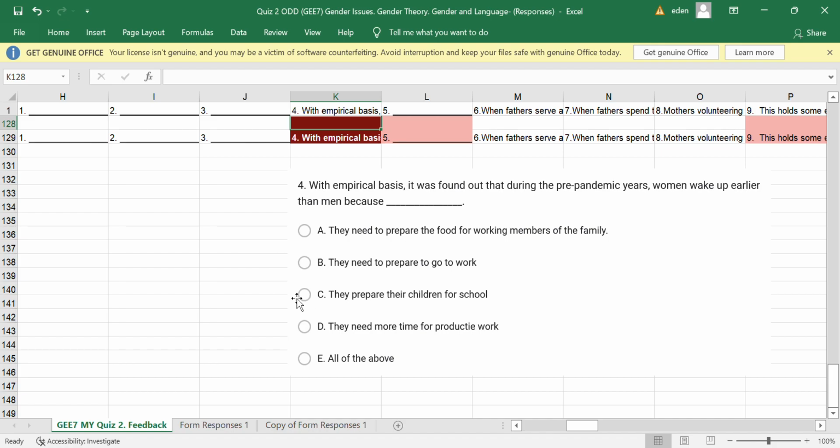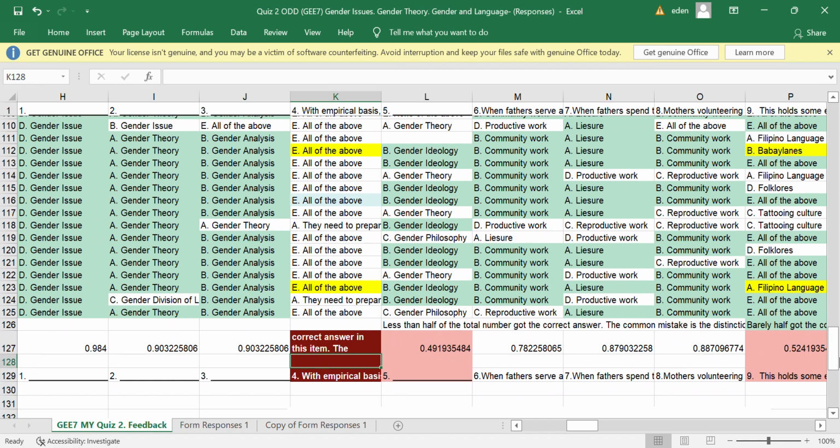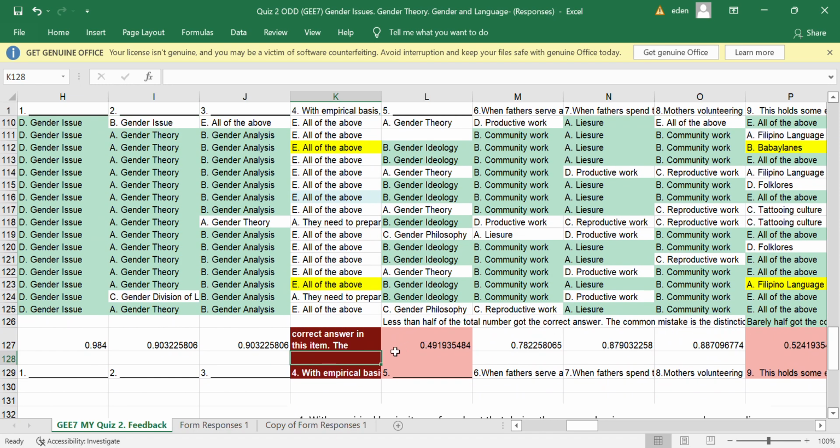They prepare their children for school, which, if you conduct a quick survey in your neighborhood, probably the same answer will turn up. Anyway, you missed that because you interpreted the question to be something generic, a phenomenon that seems generic, that women wake up early because they do all these sorts of tasks.